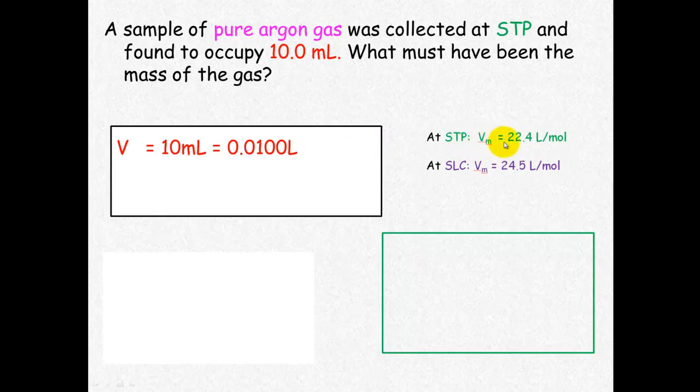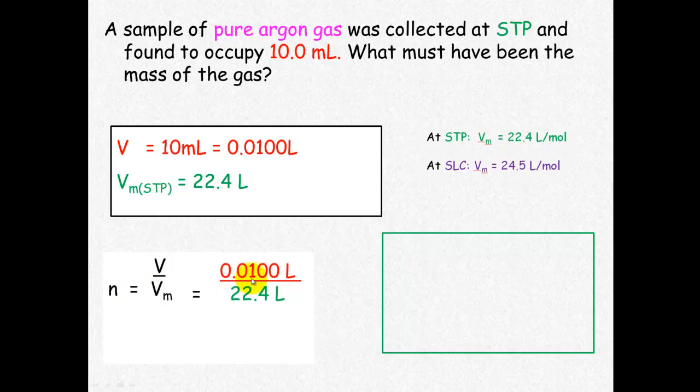At STP, the molar volume is 22.4, so we can write down that information too. Now we just use our formula, n equals volume over molar volume, which equals 0.01 divided by 22.4, which equals 4.46 times 10 to the negative 4 mole.